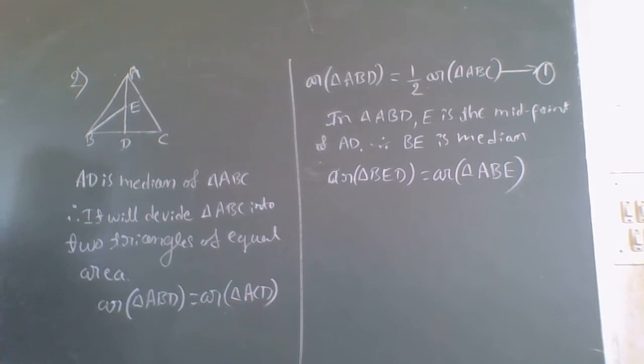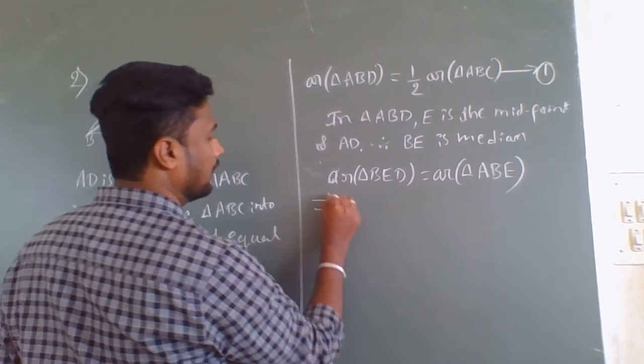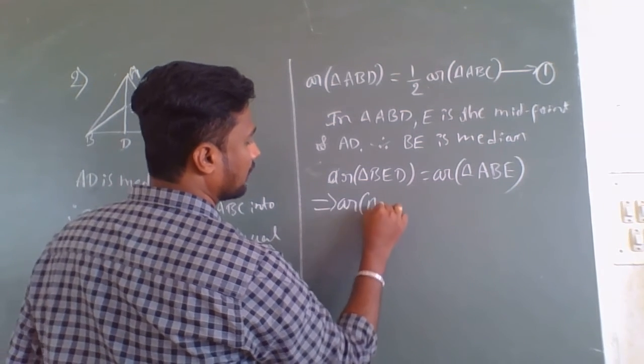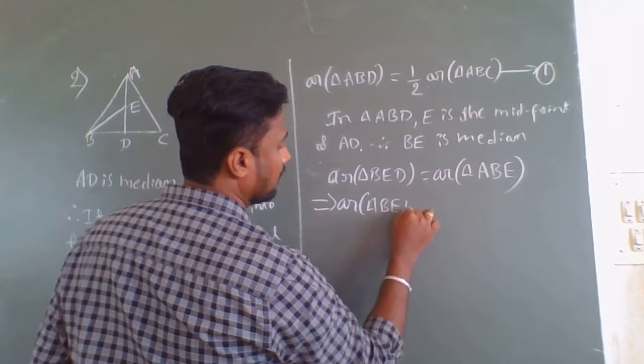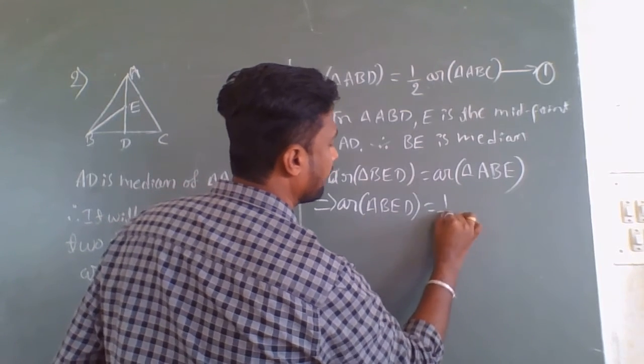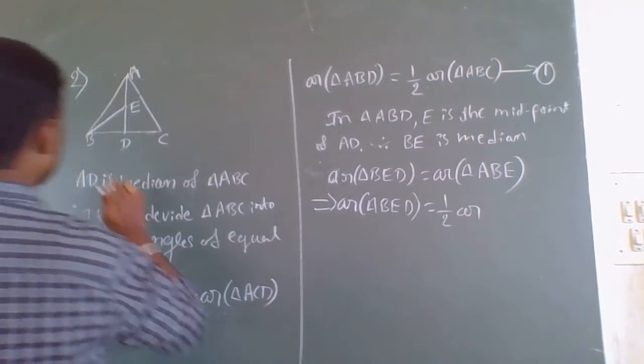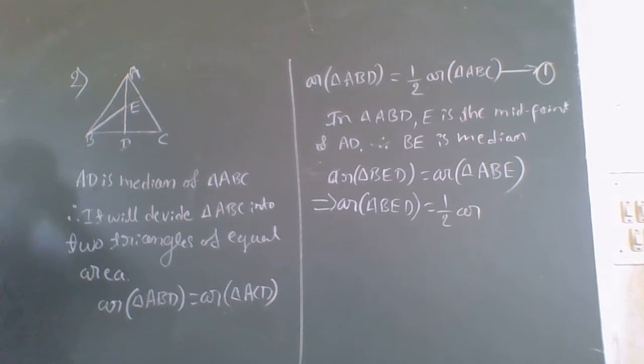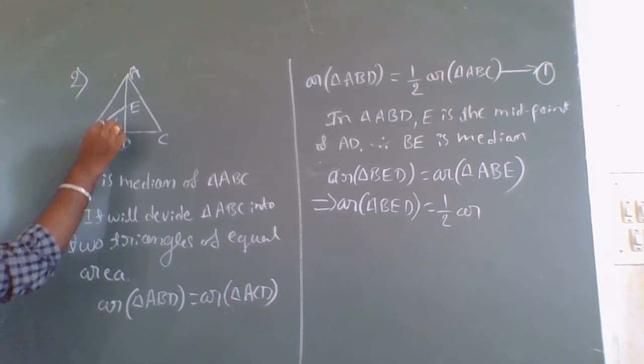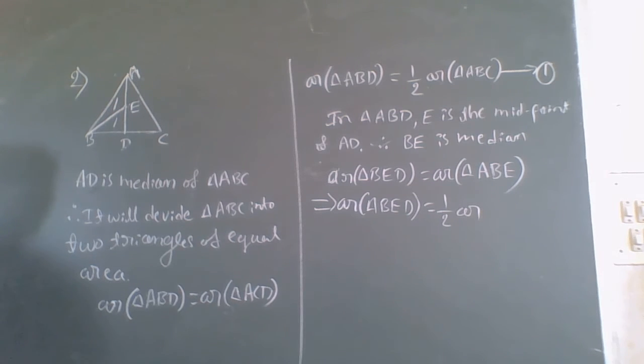Then we can say that area of triangle BED equals half of the area of ABD, because these two triangles are equal in area.